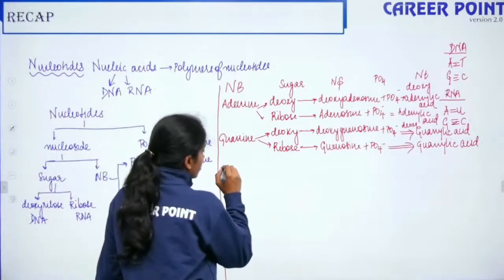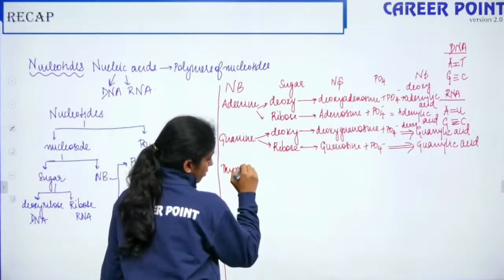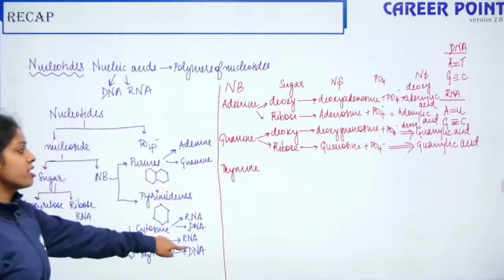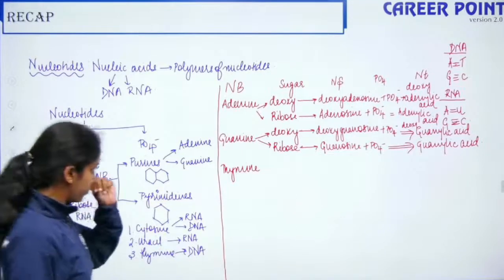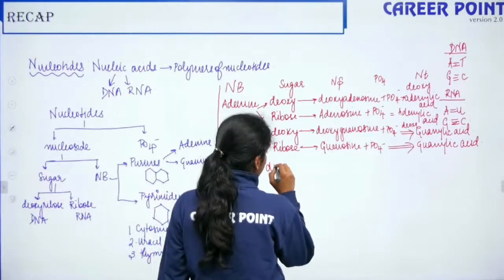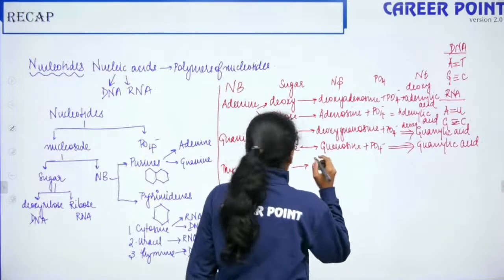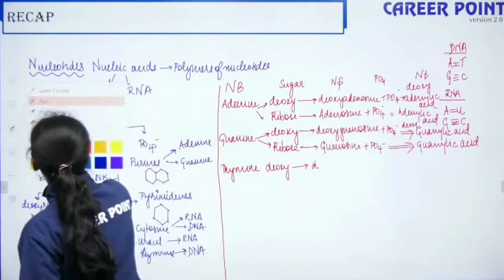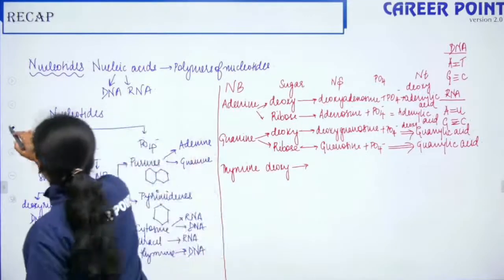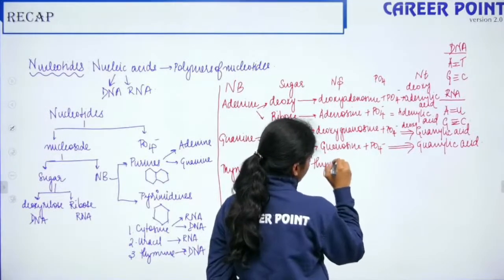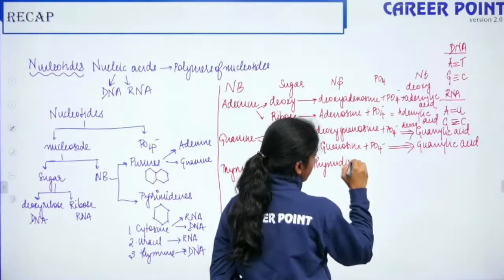Now let's go to thymine. Mind you, thymine cannot have two sugars because thymine is present only in your DNA. So I only have the deoxy sugar. So it is thymidine.